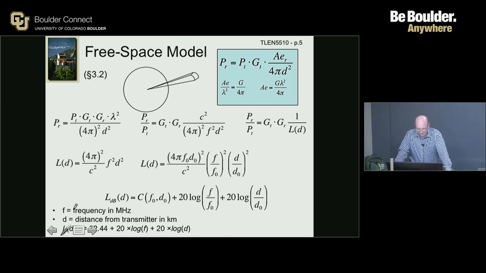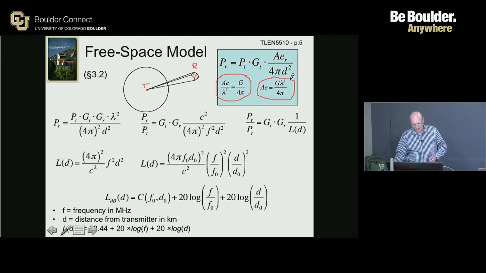The next little trick is this fundamental definition of, well, actually the definition is that one. The definition of the effective area is, by definition, the gain times lambda squared over 4 pi.